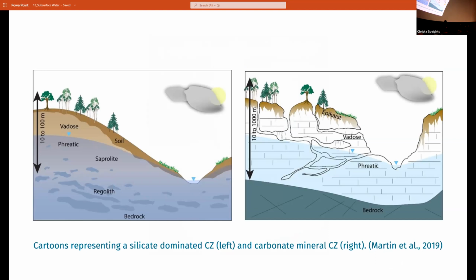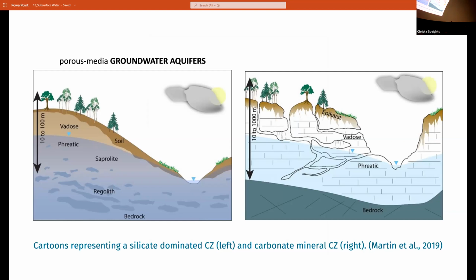So there are different types of critical zones, and they range from one extreme to the other. On this end, we have porous media groundwater. This is what we would call a silicate dominated critical zone.